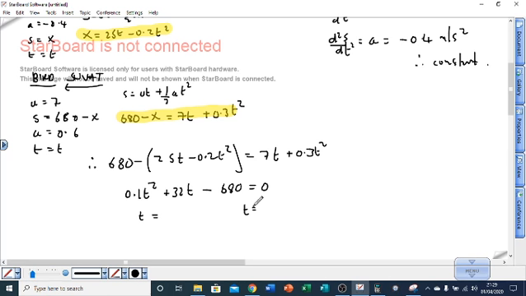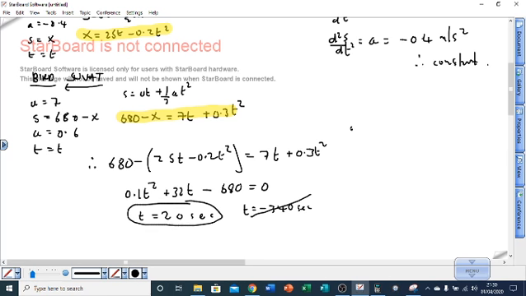I'm getting quite lazy, in the old days I'd have tried to solve that. It works out quite nicely: 20 seconds, and the other one is minus 340 seconds. Okay, so impossible, or write the word impossible and identify the correct time.